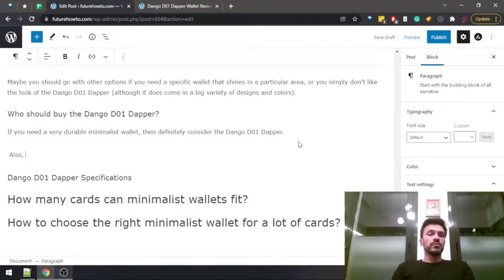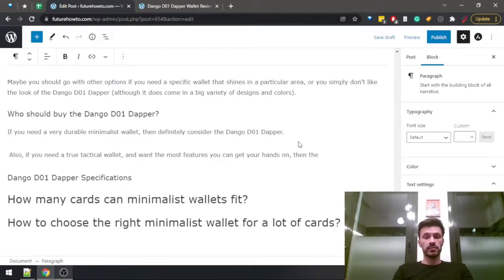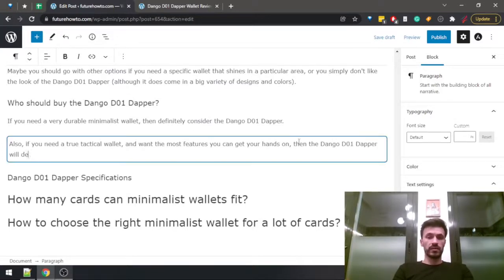Also, if you need a true tactical wallet with the most features you can get your hands on, then the Dango DO1 Dapper will certainly be among your top choices.